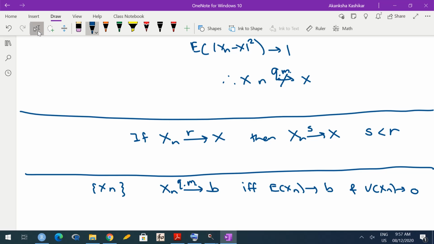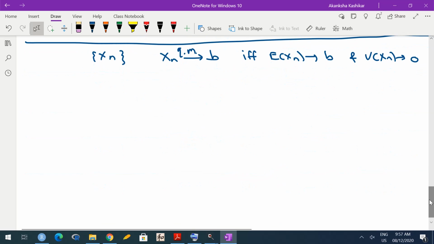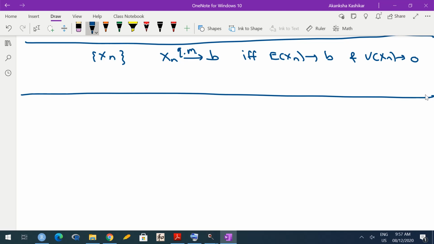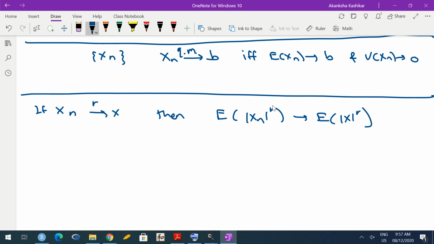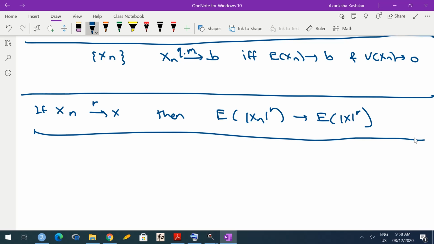Now we are using the rth moment of mod of Xn minus X while defining convergence. So does it mean that moments also converge? Yes, there is a result which says that if Xn converges to X in rth mean, then the expectation of mod Xn raised to r converges to the expectation of mod X raised to r.